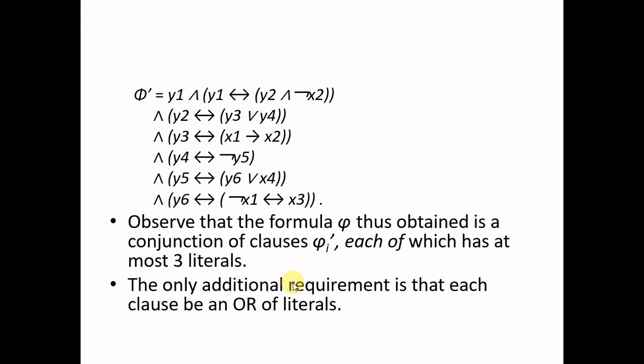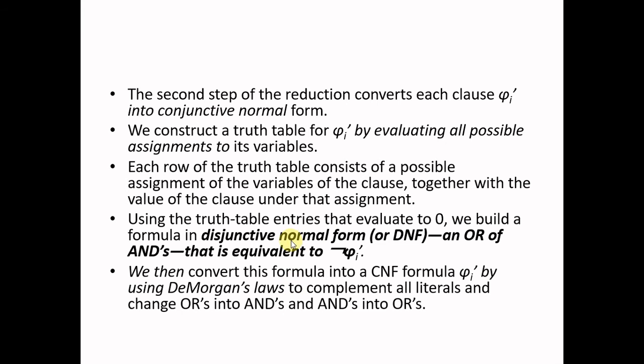The second step after reduction converts each clause phi i dash into normal form. Our aim is to convert each clause phi i dash into an OR of literals, so for converting each clause into CNF, we construct the truth table for phi i dash.